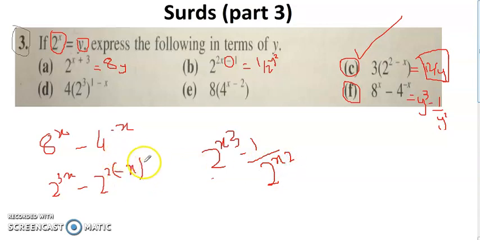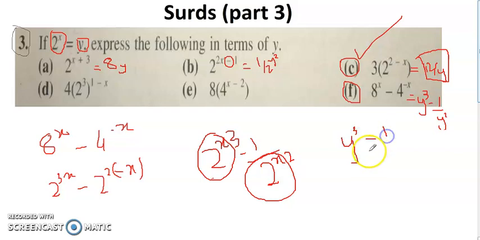Because I've taken the entire sum down. Now what I need to do is that I will convert this thing into y and this thing into y as well, right? Because the question says that convert it into y if you have such a sum, right? So if I convert this into y, it will be y cubed minus 1 upon, this is y again, y squared. And that is our answer again.